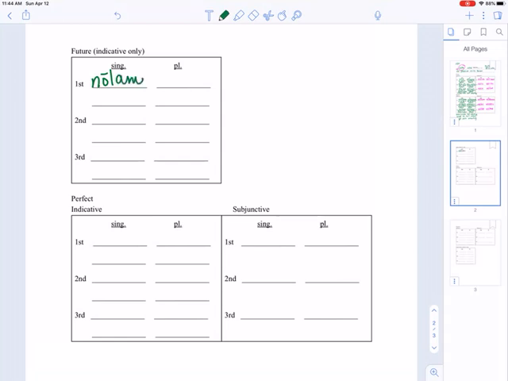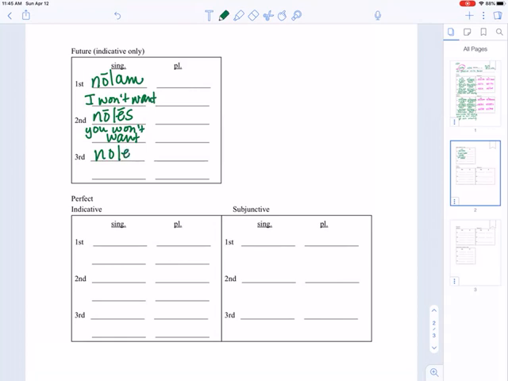Okay, so again, we're going to go back to that nōl, and our first singular is nōlam. Now, we can say I will not want, but again, I'm making things a little easier on you guys, so we can just say I won't want. Okay, so I won't want. Okay, for second singular, you'll have nōlēs. Okay, you're going to have a macron over that E, and so this is you won't want.